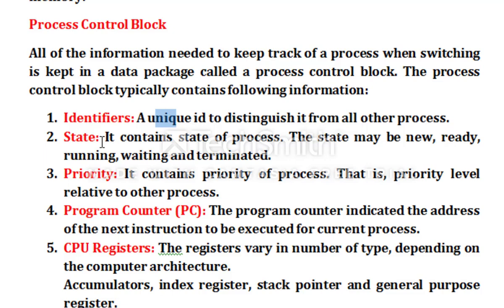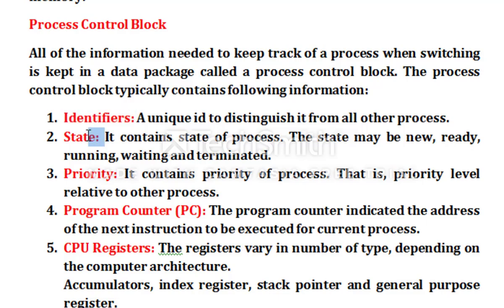As we have different names, so our name differs from some other person. In the same way, in the primary memory we have a number of processes. Every process has its own PID, and the operating system recognizes all processes from their PIDs. That is the identifier for the operating system.